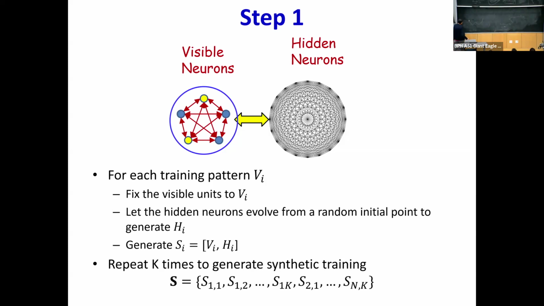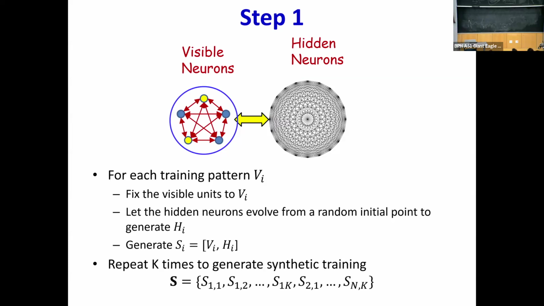We let the network evolve a few steps. It arrived at some other pattern. So this was the pattern you were trying to remember, and this was the pattern you were not trying to remember. You took y p transpose minus y bar transpose. This was the gradient that you adjusted the parameters by, right?